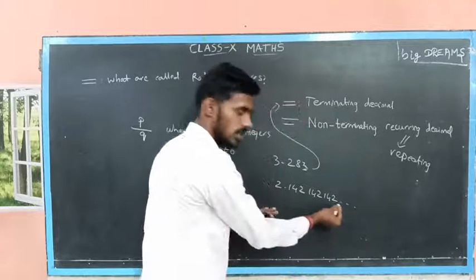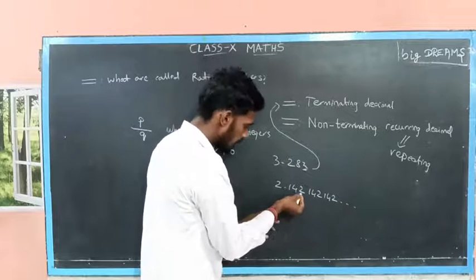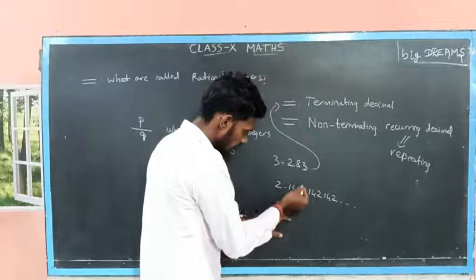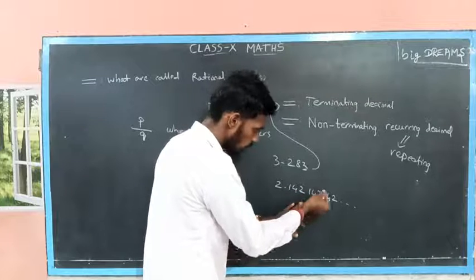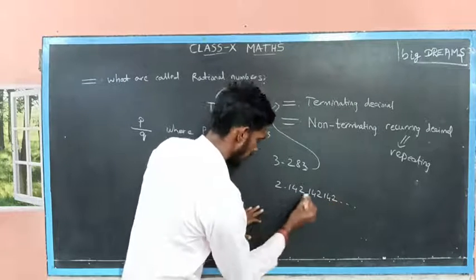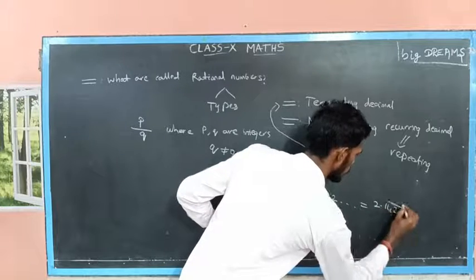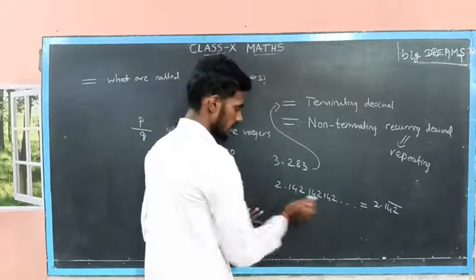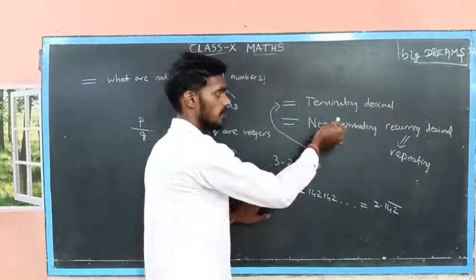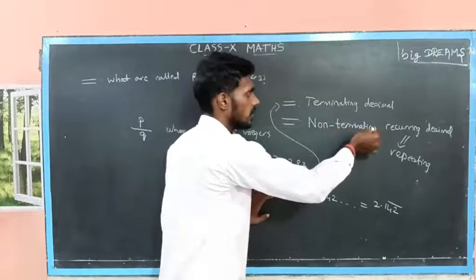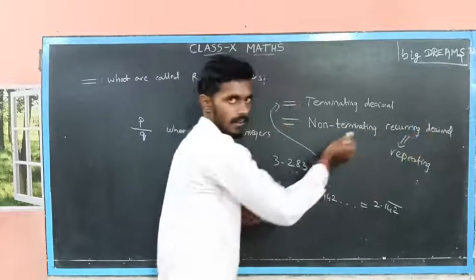So it is non-terminating and it is repeating, right? See this series of digits 142, 142, 142. So I can simplify it as 2.142 bar. So this example lies in the category of rational numbers having non-terminating recurring decimal values.